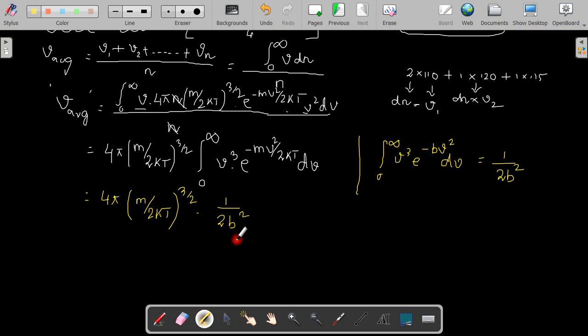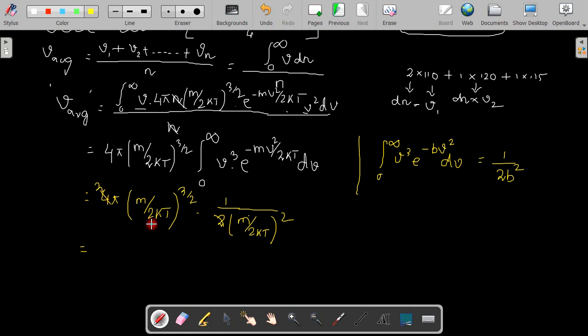Okay, but I won't write down b here, because I already know what my b is. In this particular case, m by 2 kt, that's my b, so I can write it down as m by 2 kt whole square. So m by 2 kt, this is also m by 2 kt, so we can do some simplifications here, right? So let's see what result we are getting. So cancel this, I'm going to get a 2 here.